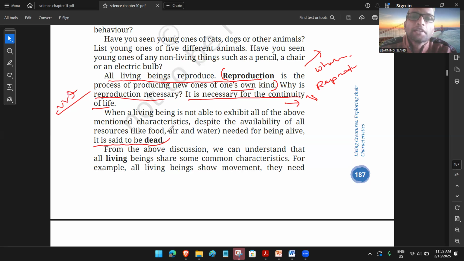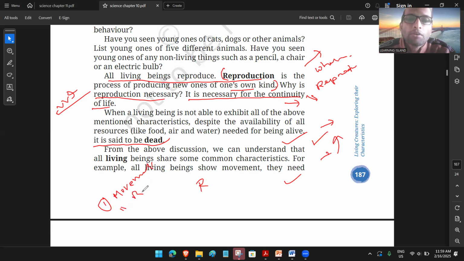When a living being is not able to exhibit all the above mentioned characteristics. If someone dies and you give him food, he will not eat. If you hit him, how will he respond? There will be no stimuli, he will not respond, he will not inhale, and he will not be able to reproduce. So there will be no movement in a dead body, and it will not respond. They will not inhale. So this is dead.